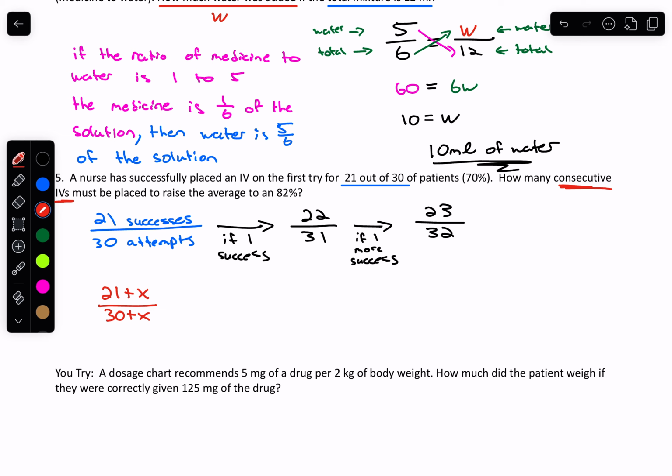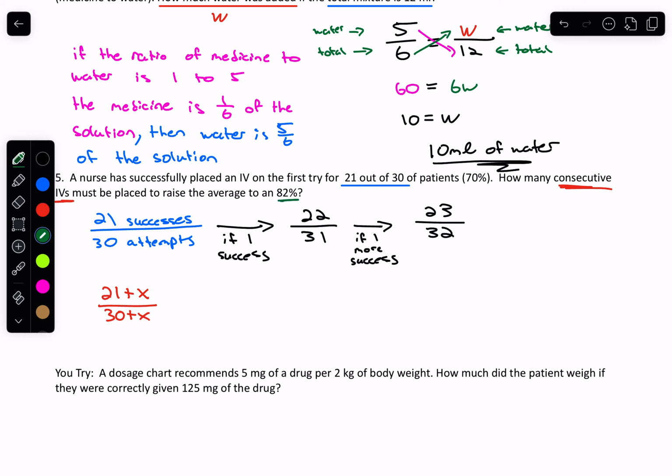So now the question is, when will this function we have, 21 plus x over 30 plus x, when will this be 82%? So 82%, we have to think, what is 82%? Well, 82% means 82 out of 100.